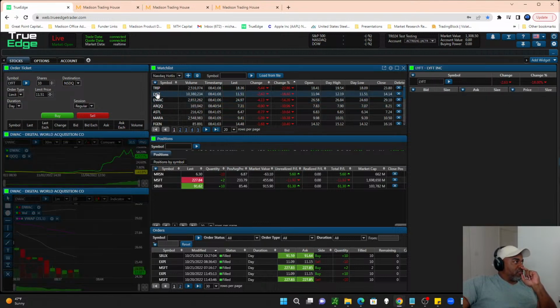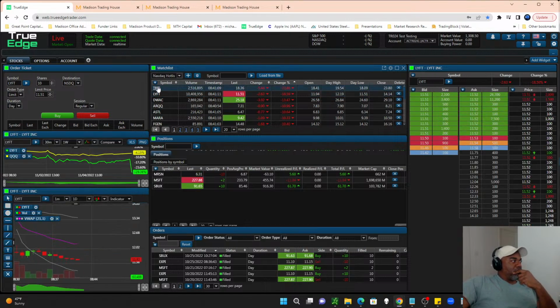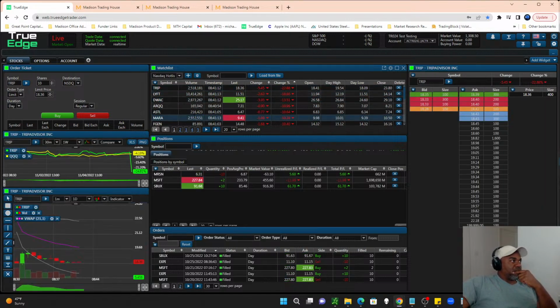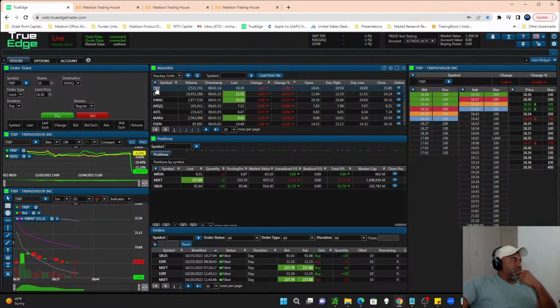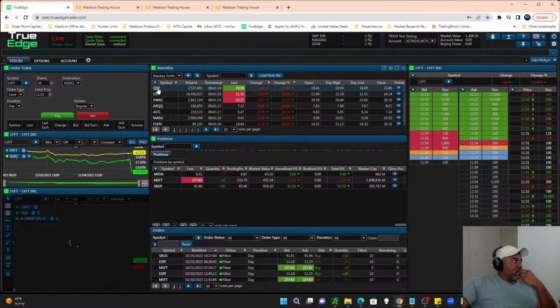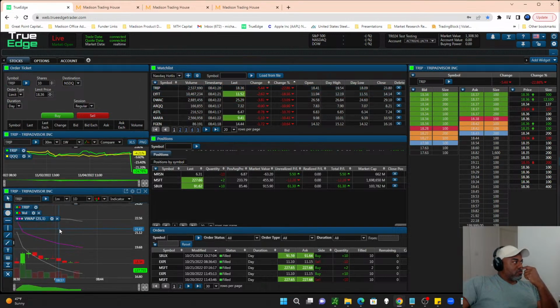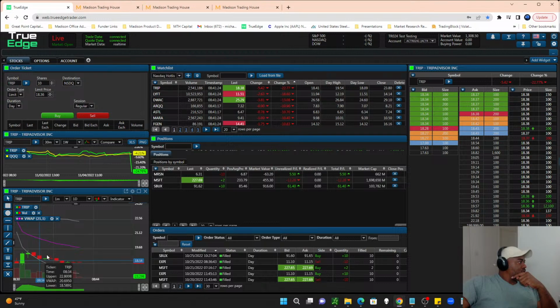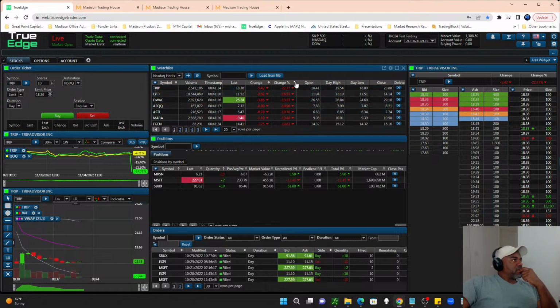Usually for short selling, if you don't catch it at the open, that's usually the only time you've got a real chance, unless the situation is really bad. But we'll see. All right, let's go back to what's moving up.